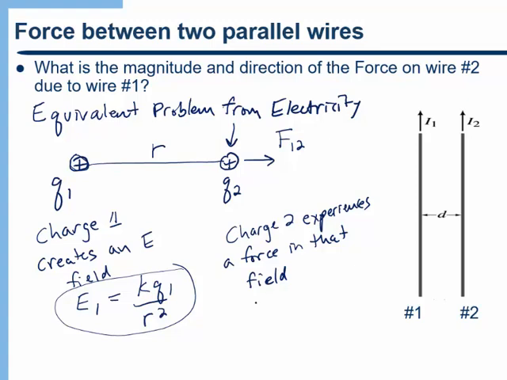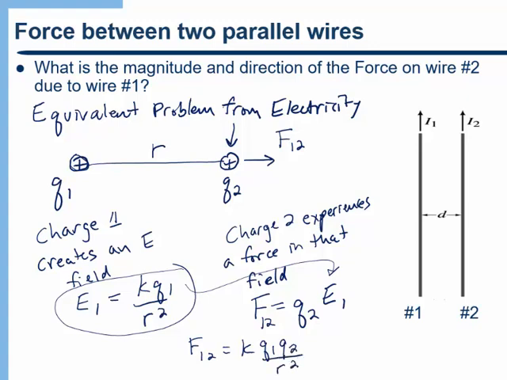And now charge 2 experiences a force just from F equals qE, right? Charge 2 in that electric field. Now, of course, if you take E1 and stick it in there, then what you find is that the force that 1 exerts on 2 is kQ1Q2 over r squared.